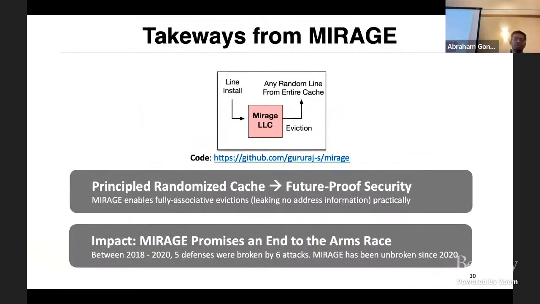So the takeaways from this presentation are that, well, Mirage is indeed secure. And at a higher level, if you have fully associative caches, one can have security against set associative evictions that give you the guarantee that you will not leak any information by observing the evictions, right? The address information.